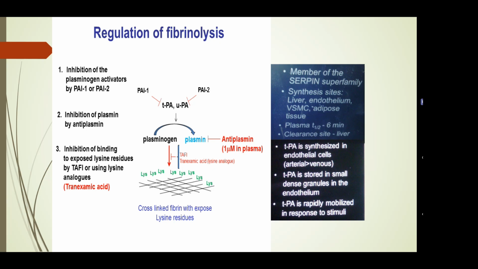The plasminogen activators are inhibited by plasminogen activator inhibitor 1 or plasminogen activator inhibitor 2, PAI-1 and PAI-2. Also, the plasmin that is produced to degrade the fibrin can be inhibited by antiplasmin. There is also inhibition of binding of exposed lysine residues by TAFI or using a lysine analog.